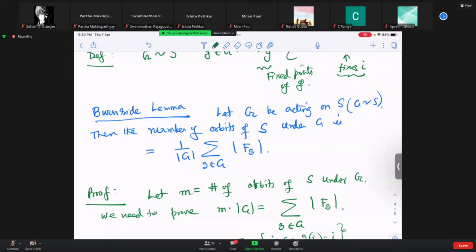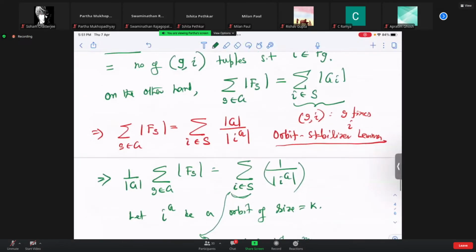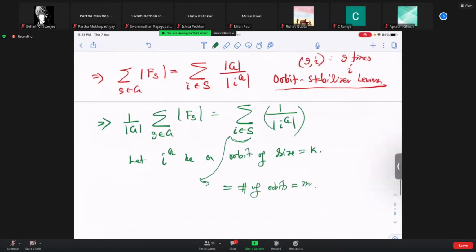I don't know how much Artin has. Probably Artin also will have a lot, because Artin has a chapter on group action, I guess. Any standard book will have it. Herstein, I am not sure though. Herstein has enough of these things. So any question on these things?